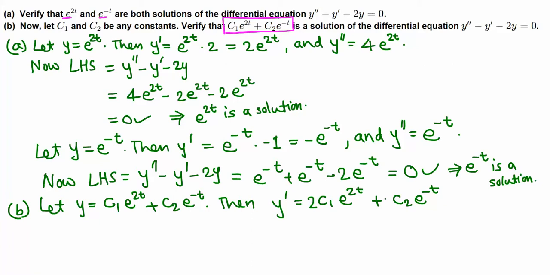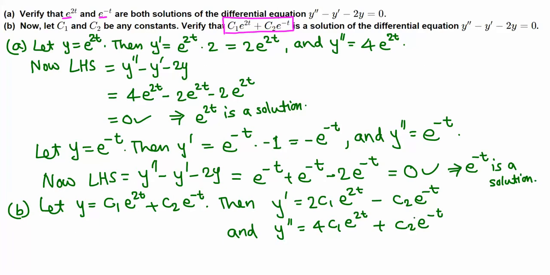So negative 1 plus, this is just a negative sign. That's y prime, and let's find the second derivative. 2c1 constant itself, and the derivative of e raised to 2t is itself times 2. So 2 times 2 is 4 c1 e raised to 2t, c2 is there, e raised to negative t itself times negative 1, and this negative negative is positive e raised to negative t.